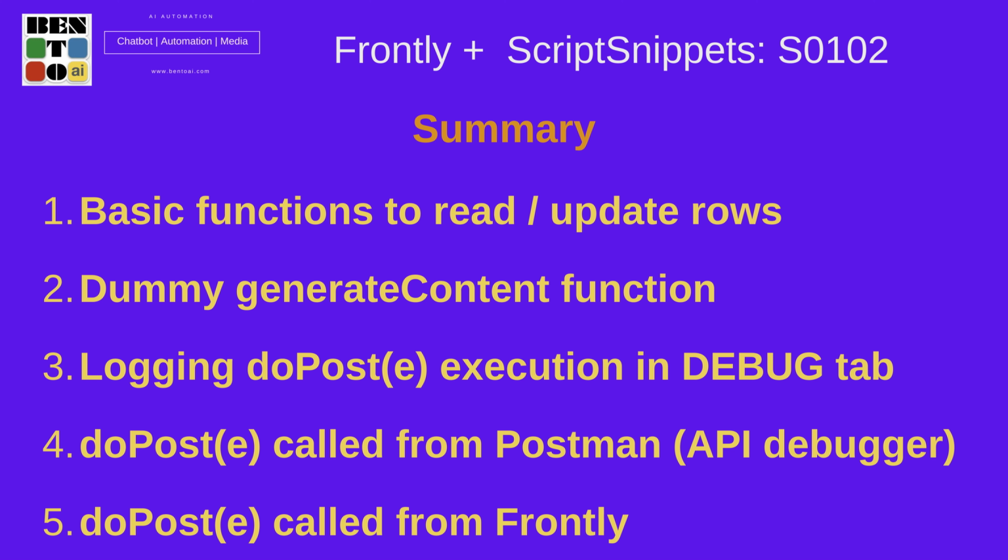At the core of the system is the doPost function, which is triggered by incoming data and performs necessary operations like reading, updating, or generating content. This function ensures that incoming data is not just received but also utilized effectively.